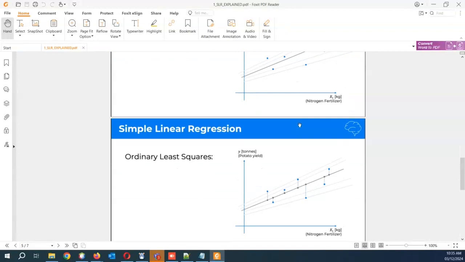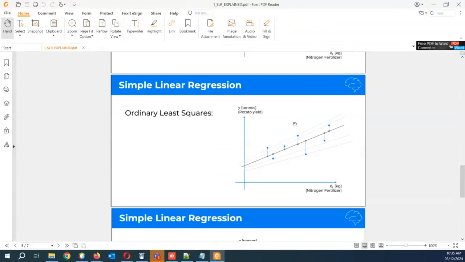Now if you look at it, the point that I'm going to add today is this: there is a line that is going here, and if you drop a vertical line from these points, so please look at this point, this is what was actually produced in that year or at that particular time when he planted the potatoes.